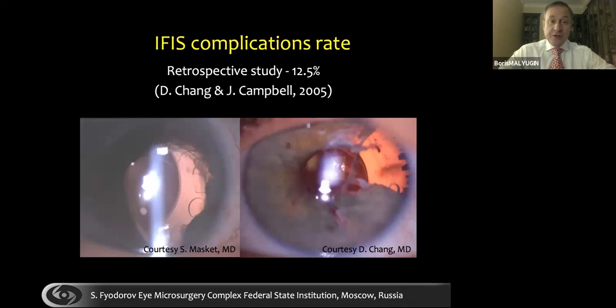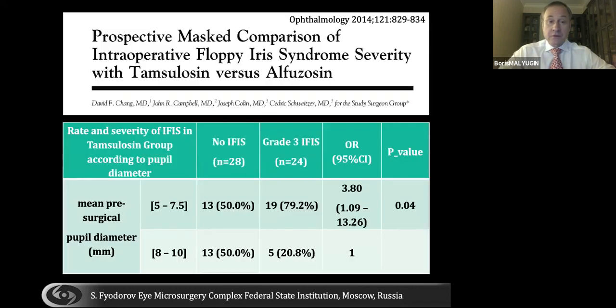As you see here, in a retrospective study, there were more than 12% complications, and some of them quite significant, with partial loss of iris tissue, giving quite significant functional and also cosmetic results.